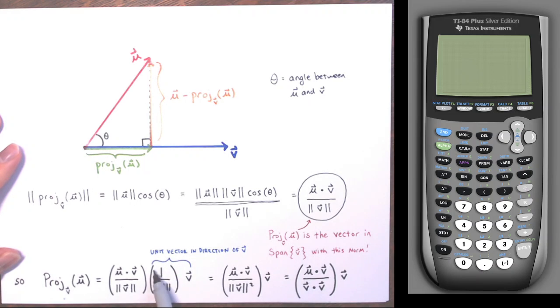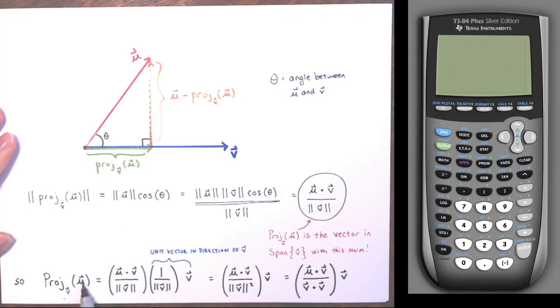And then I take that vector with a norm of 1 and multiply it by a scalar so it has this norm. It's very simple. I take my unit vector, v times 1 over the norm of v, and multiply it by this scalar, u dot v over the norm of v. There's my projection vector.